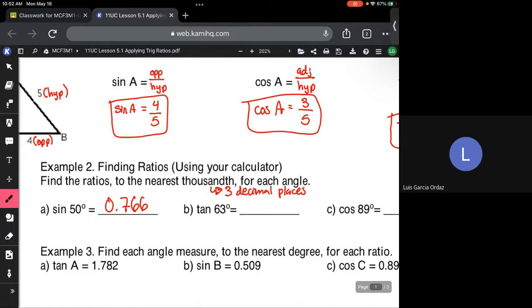You just have to change the mode. You press second, DRG, and then press 1. Now try sin 50. It should give you 0.766.